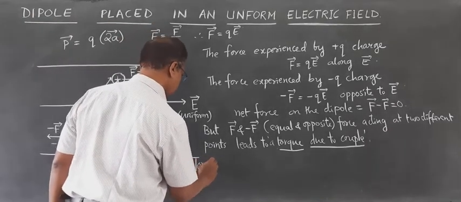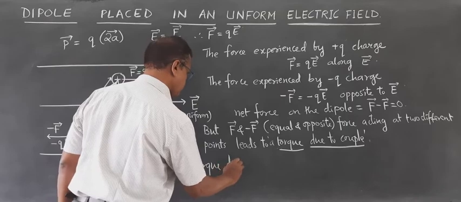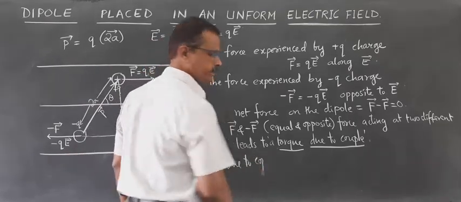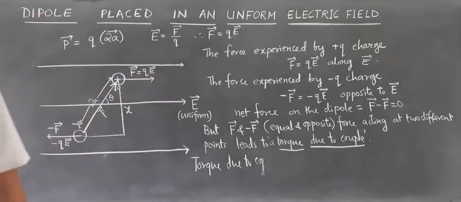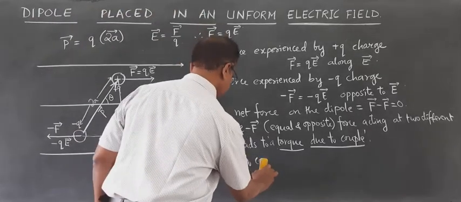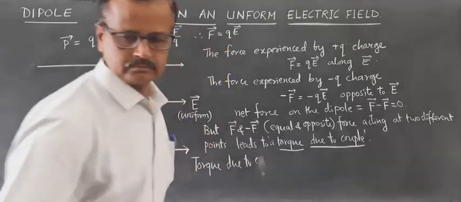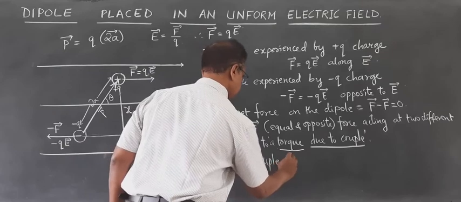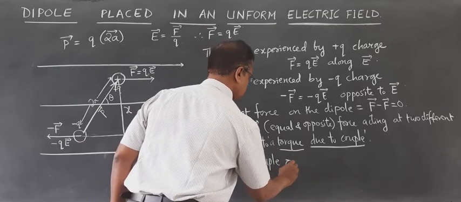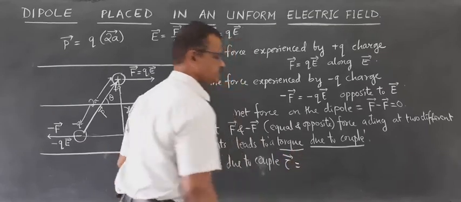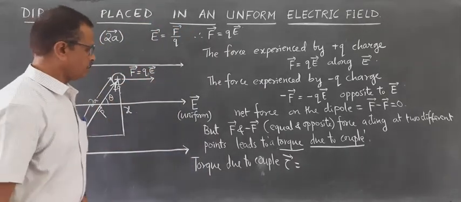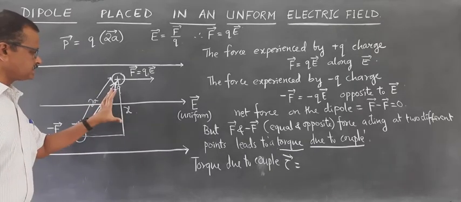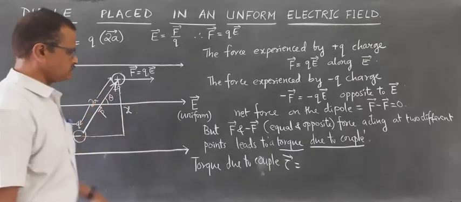So torque due to couple, or we can also call it torque due to moment of couple. Tau is equal to, according to definition, r cross F, where here it is x cross F.